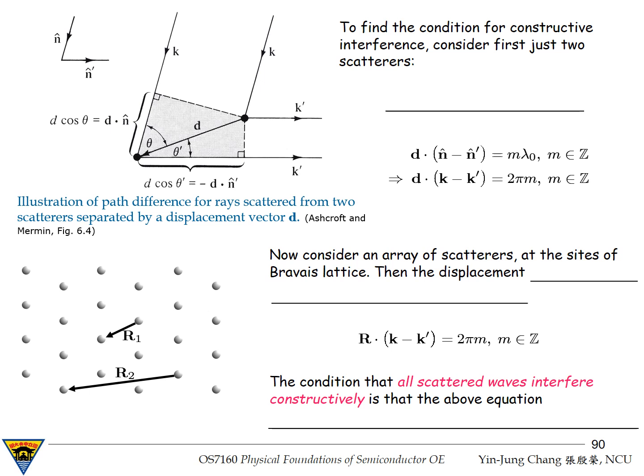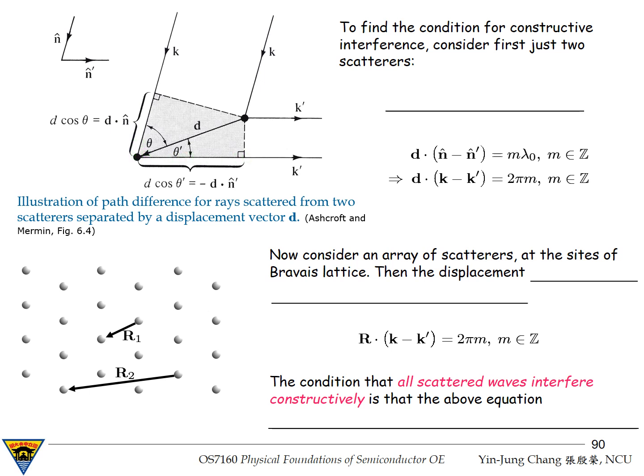The phase difference between two scattered waves at a given observation point depends on the path difference between the two scattered waves, which is the sum of the projections of the displacement vector d along the incoming and outgoing directions. So as seen in the figure, the path difference between the two rays or waves is given by d cosine theta plus d cosine theta prime.